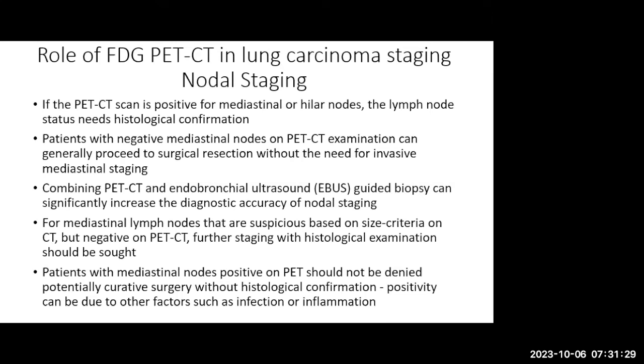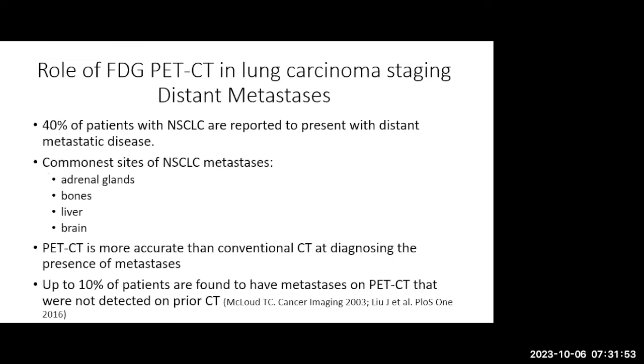We don't want to miss a possible metastatic disease simply because it's not showing increased activity, but those cases are really rare. And patients that have mediastinal nodes positive on PET, I already mentioned that, should not be denied curative surgery without histological confirmation, because you could have other factors causing the increased uptake, such as infection or inflammation.